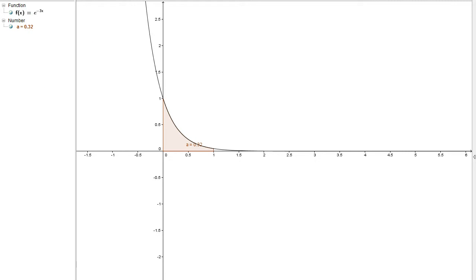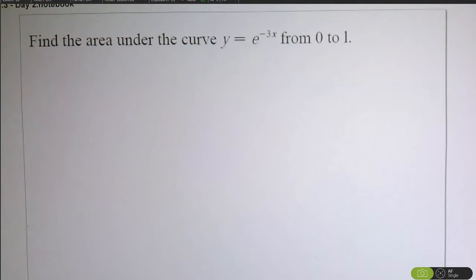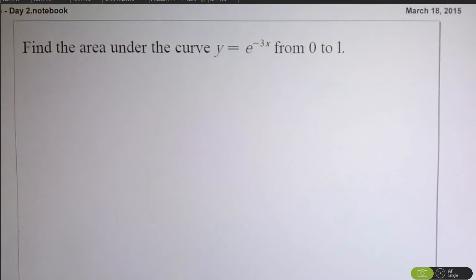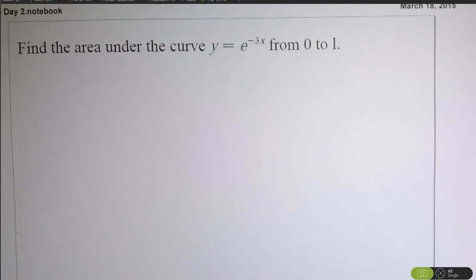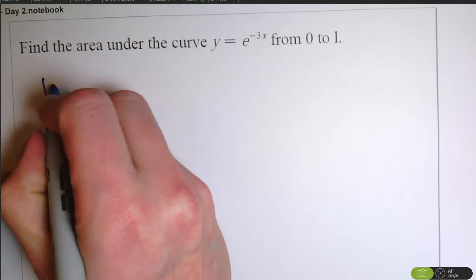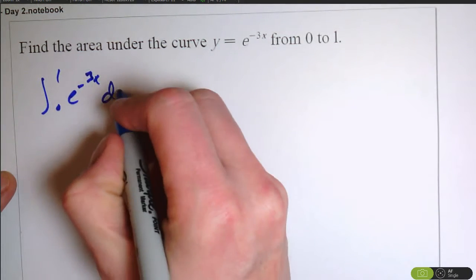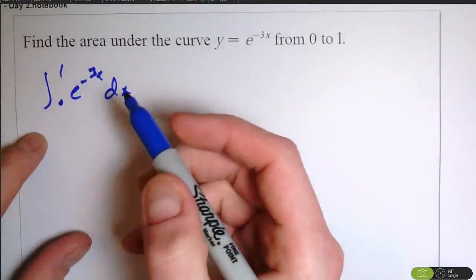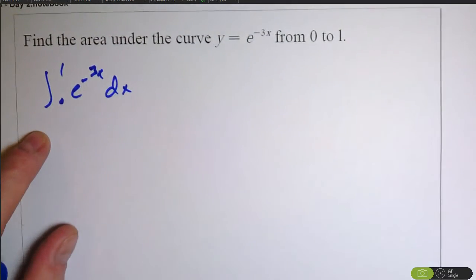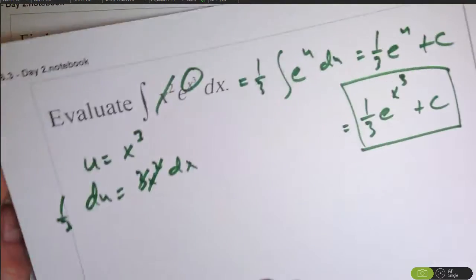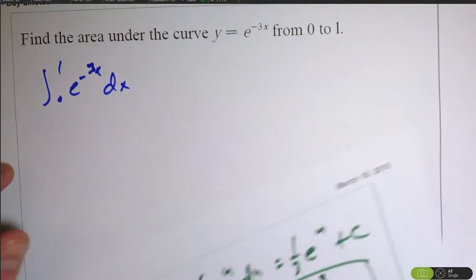So let's get that. All right, it's all above the x-axis, so all I have to do is integrate from 0 to 1. We've already integrated this guy, that was the last one. Oh, no, sorry, it wasn't that.